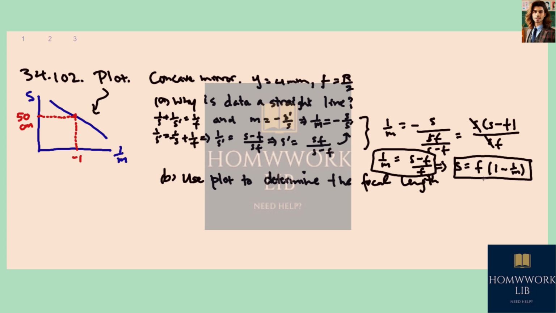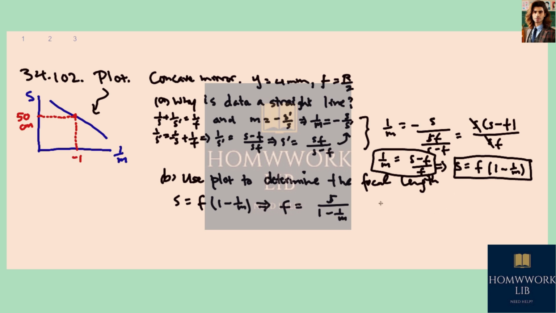So I'm going to use this equation that I just found, that s is equal to f times 1 minus 1 over m, to find f. Because for my plot I have 1 over m and I have s, so I can find that f is equal to s divided by 1 minus 1 over m.